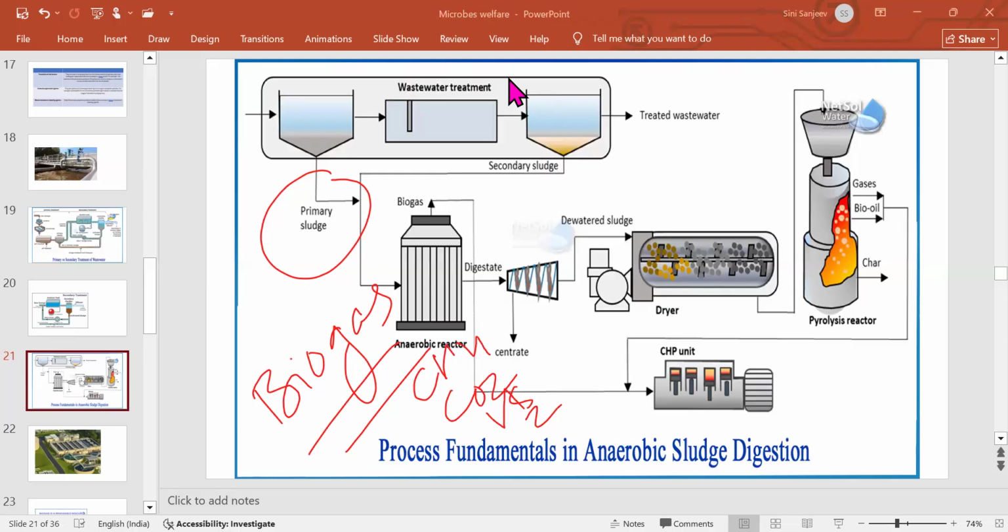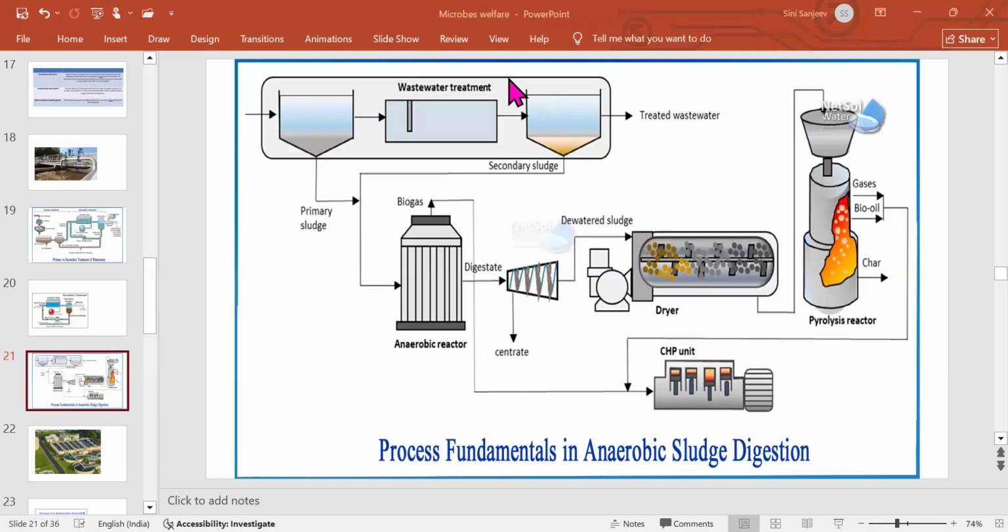Whatever effluent is there has been reduced in BOD and is finally released into the rivers. So the most important part here is the three-step process: your primary treatment, secondary treatment, and the sludge entering the anaerobic digester to produce an important component, which is your biogas.